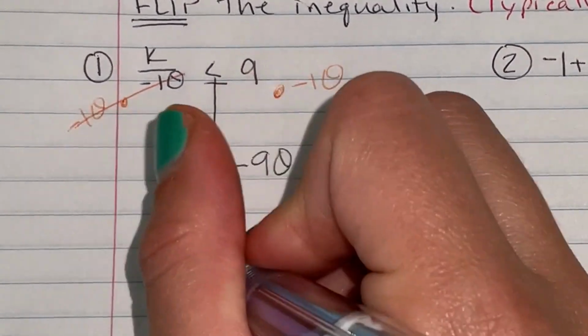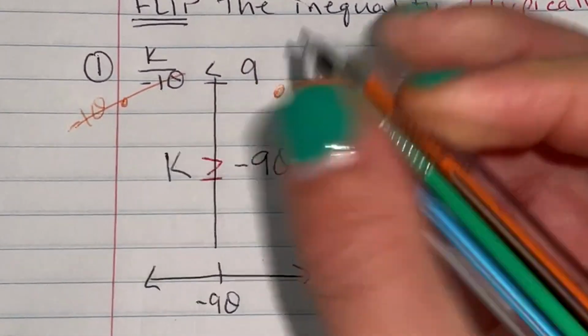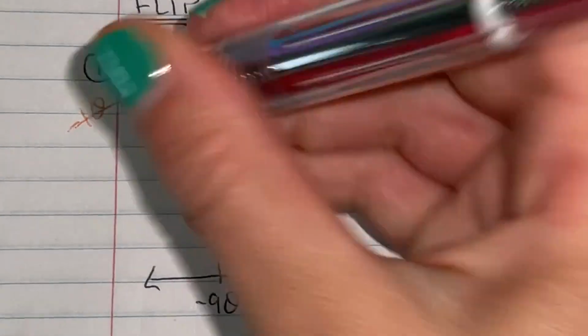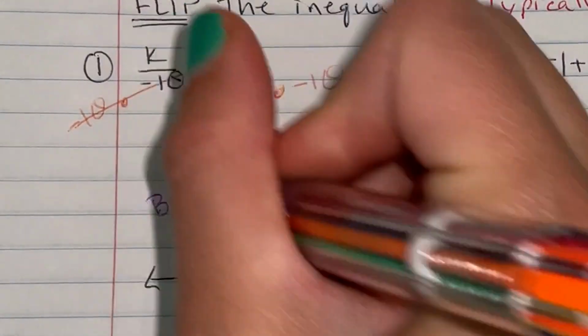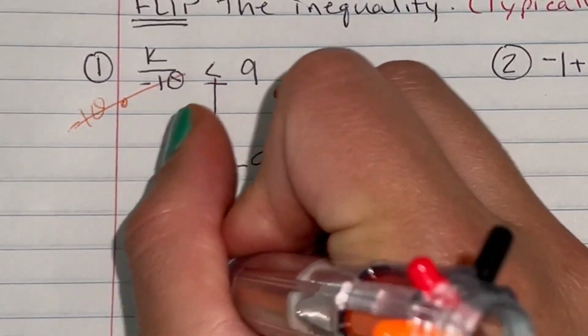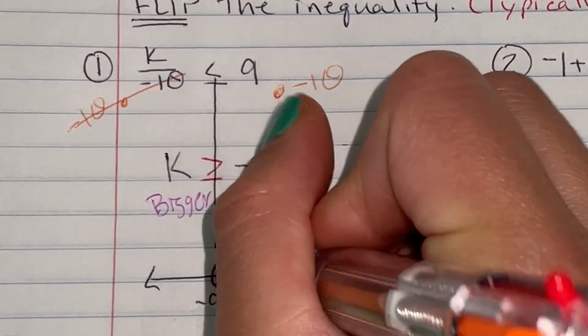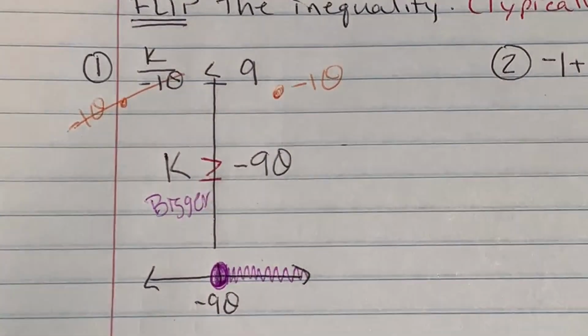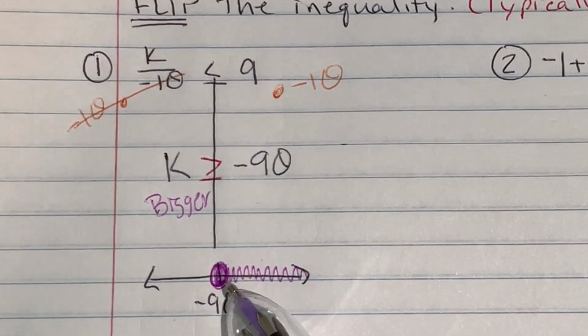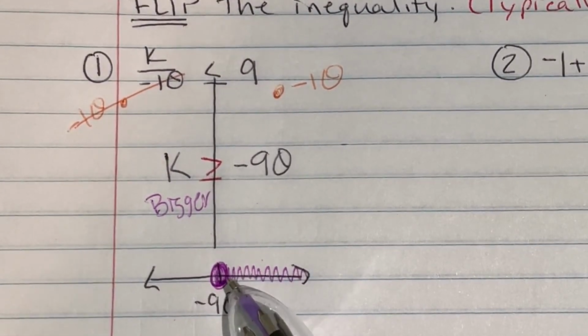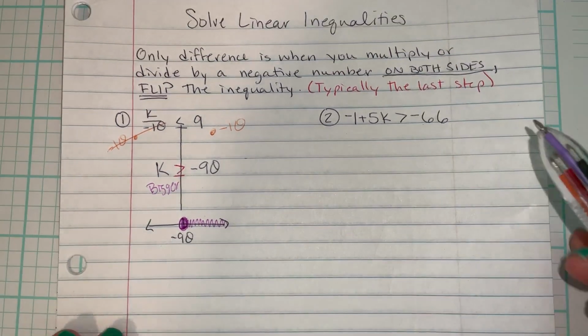So when I graph this, negative 90, this is saying that our variable is bigger and we're going to have a closed dot. So we're going to shade to the right. Make sure your dot is a closed dot, or if it kind of looks open, I'm going to mark it wrong. If it kind of looks like you're not sure and you just do a weird openy closed dot, I'm going to mark it wrong.